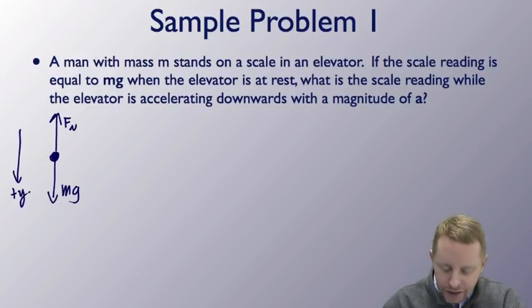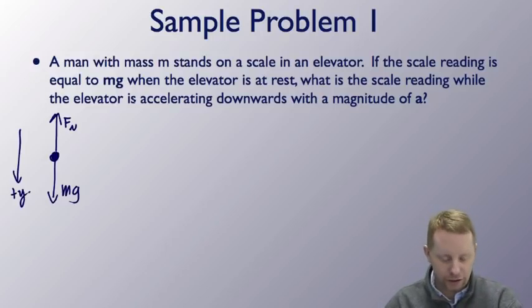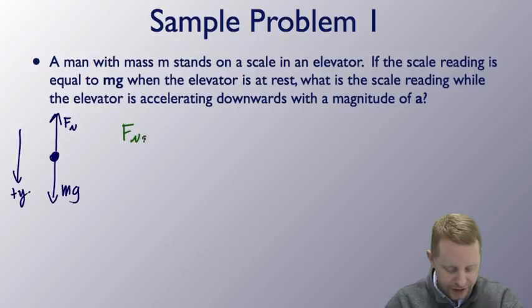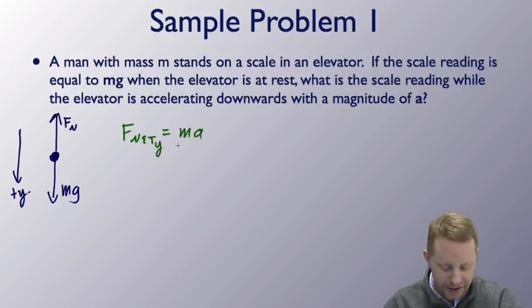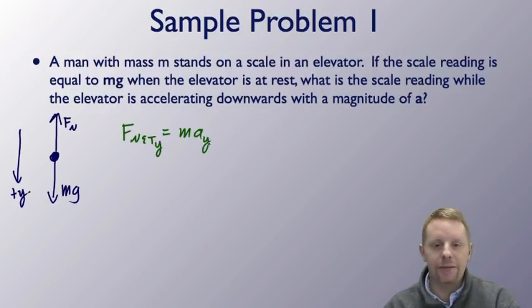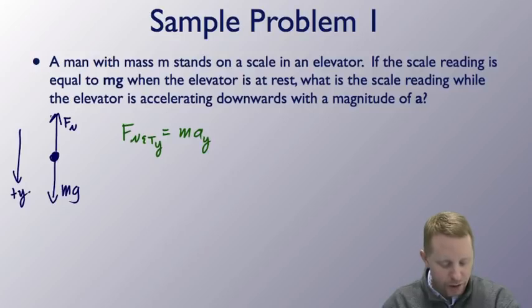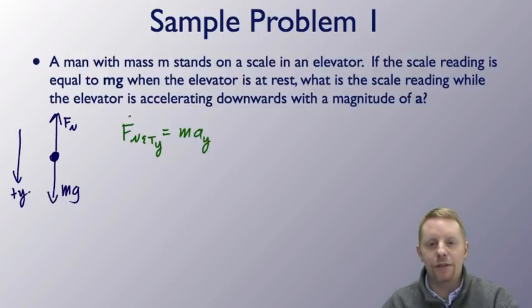Now we can draw our Newton's second law equation. Net force, or the sum of all forces, is equal to mass times acceleration. And since we're only worried about this in the y direction, say F net y equals m a y. Now I'm going to go back to my free body diagram, look at all of the forces lined up in the y direction, and replace net force in the y direction with the sum of those forces.